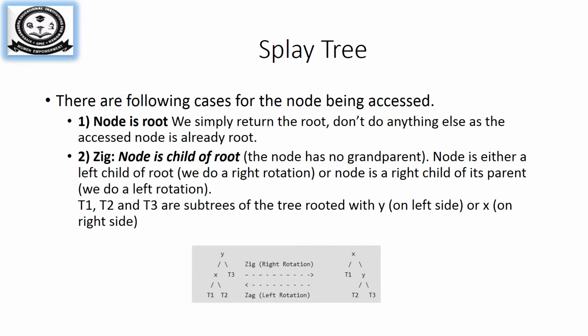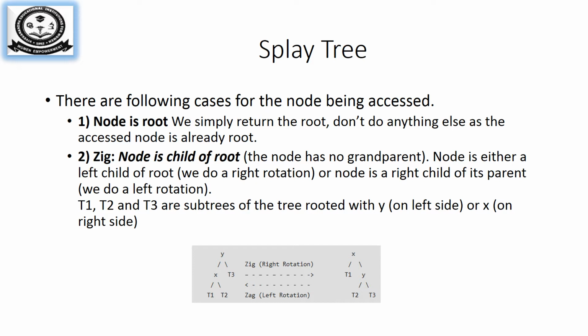Suppose your node is the child of some parent node, that is, the root is there and the root has a child, and that node should be accessed. Here in the diagram, X is my accessing node and it has a single parent only. Then you can rotate in such a way that the child is made the parent and the parent is made the child of the previous node.